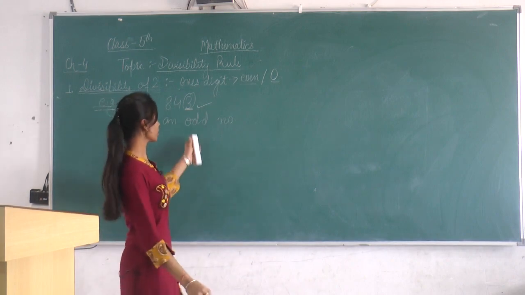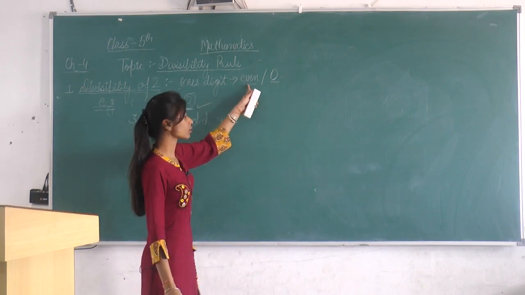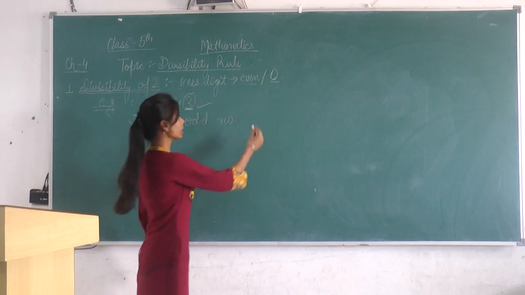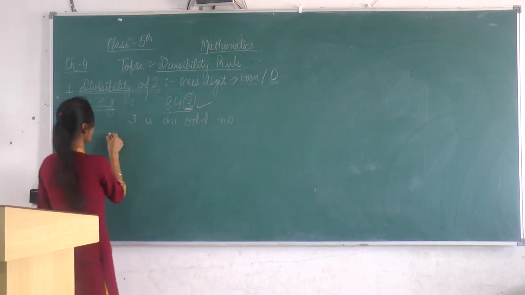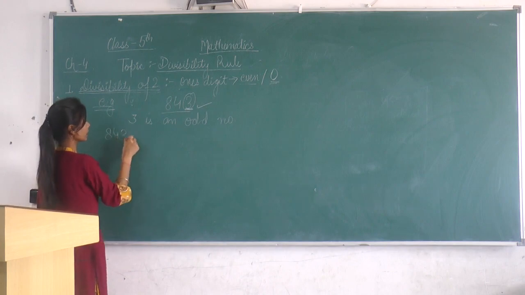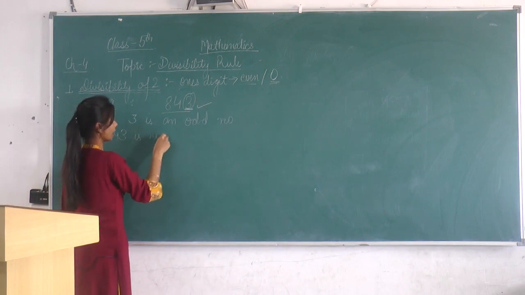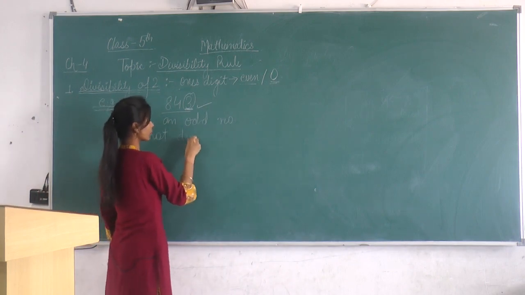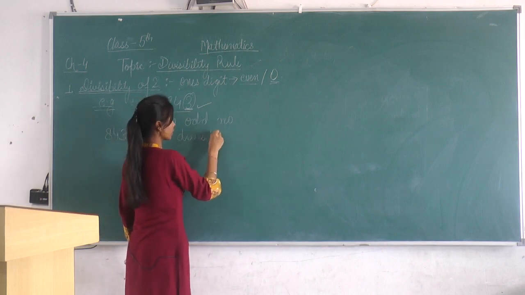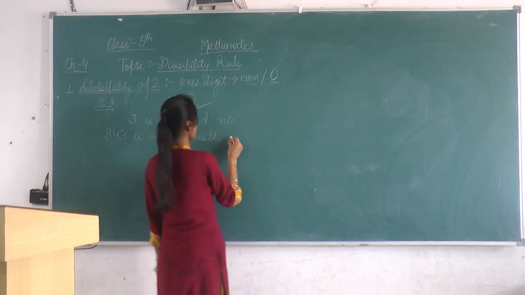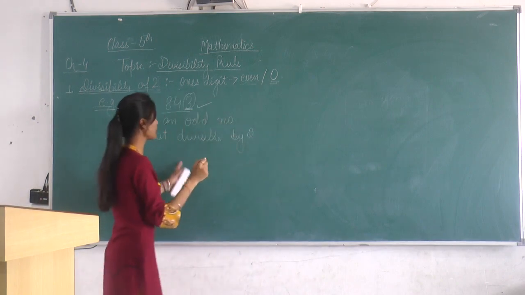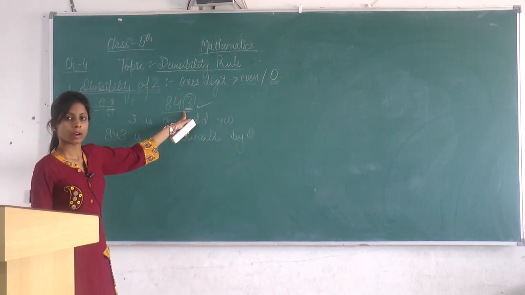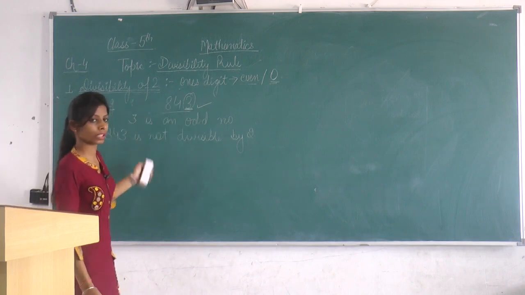But according to the rule, our ones digit should be even or 0. So this number 843 is not divisible by 2, because the last ones digit is odd, that is 3.